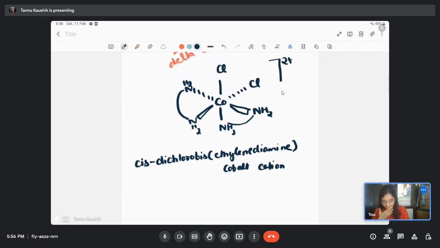So the proper axis of rotation here we will get is a C2 axis of rotation.